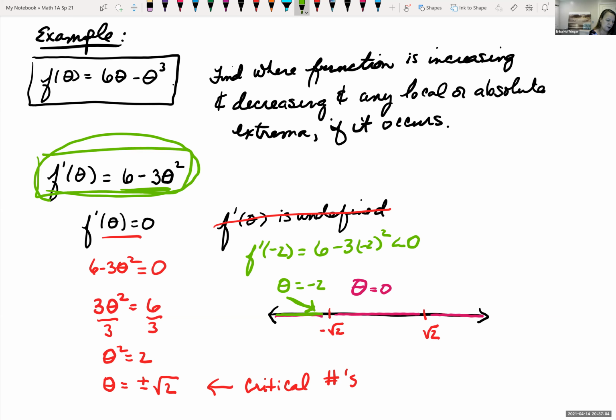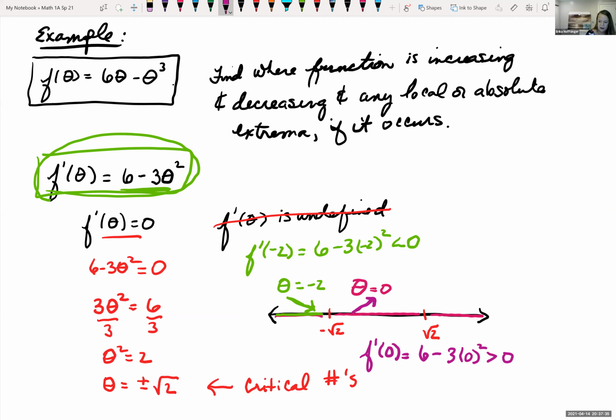If it comes out positive, we know it's increasing. If it comes out negative, it's decreasing. So f prime of 0 is 6 minus 3 times 0 squared. This number here is bigger than 0, it's 6. It's increasing in between negative root 2 and root 2.